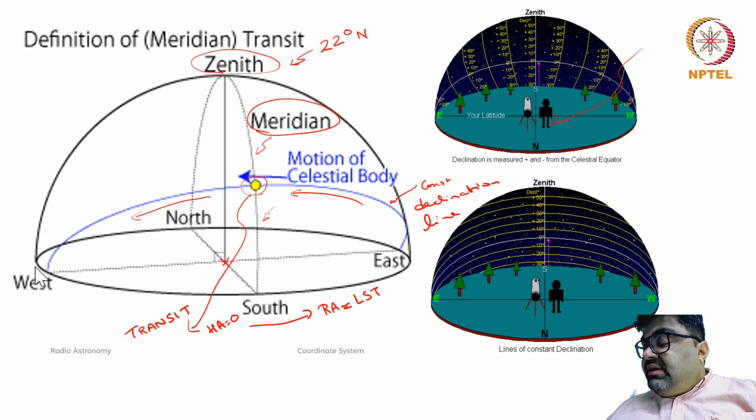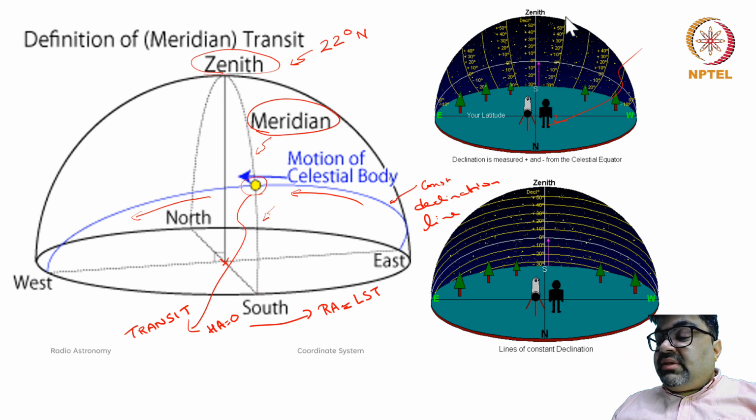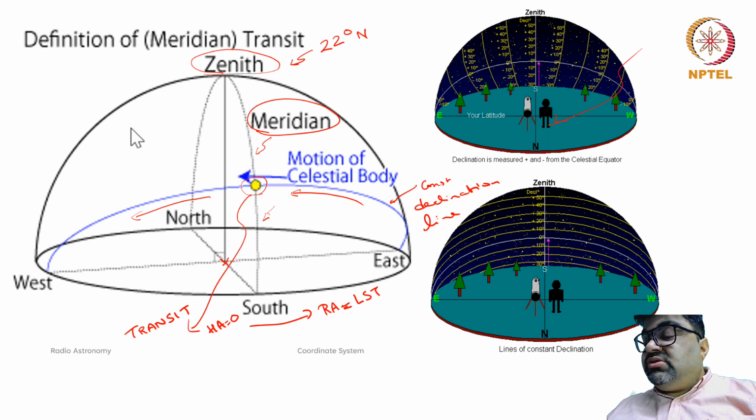If you have any other location, you can just point towards the north or the south, and you will see these constant lines of declination, and these individual great circles moving across. Apart from this line, there are other lines which are also going from north to south, but not cutting through the zenith. Those will also be seen here.